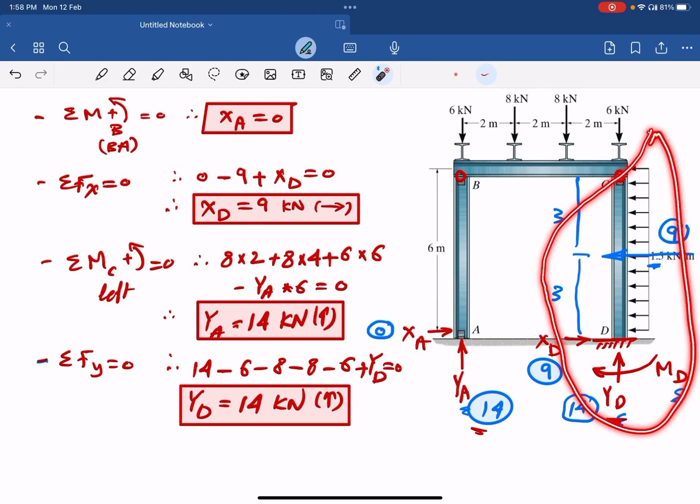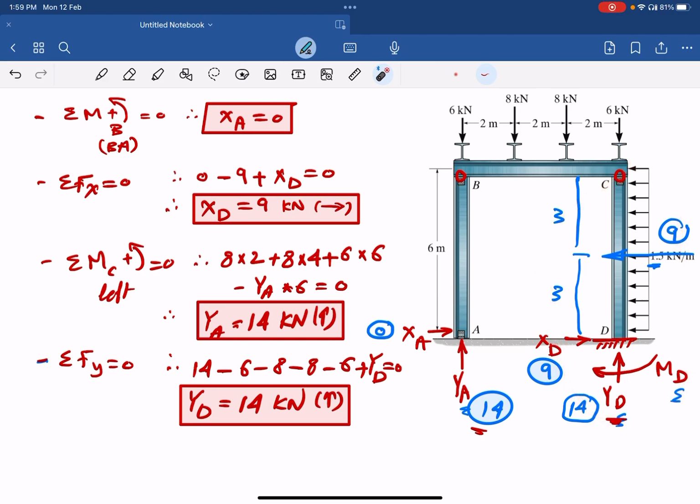So we take a moment at C for the bottom side. We have already the X and we have the Y. We can get the M at D. Let's do this.